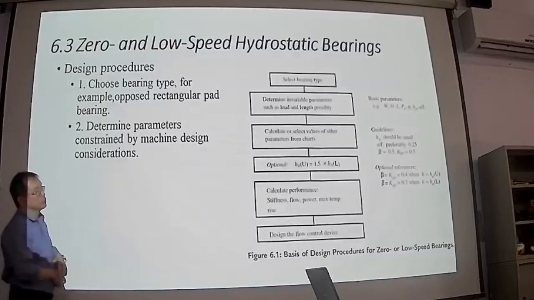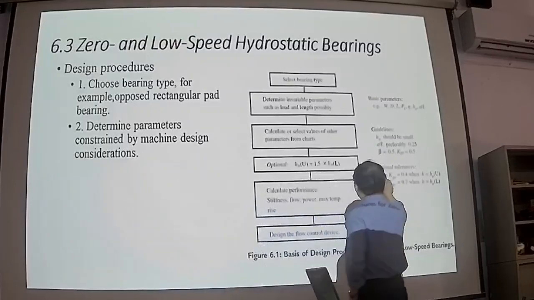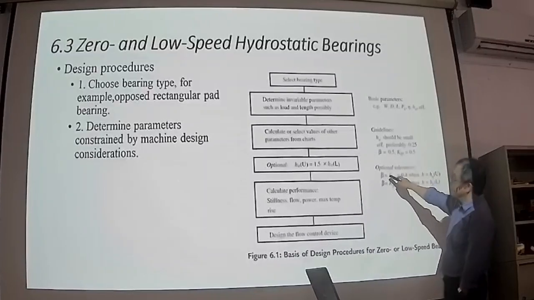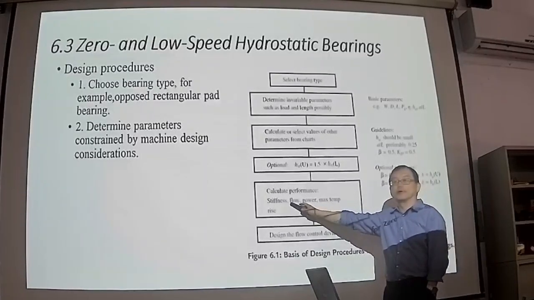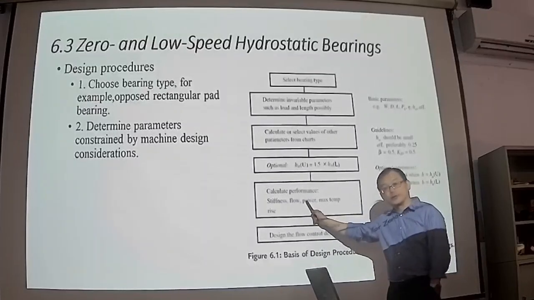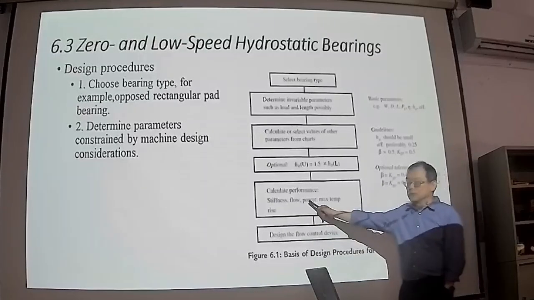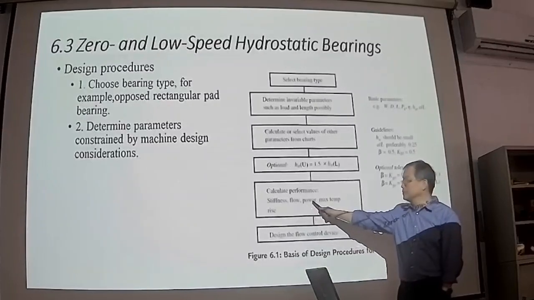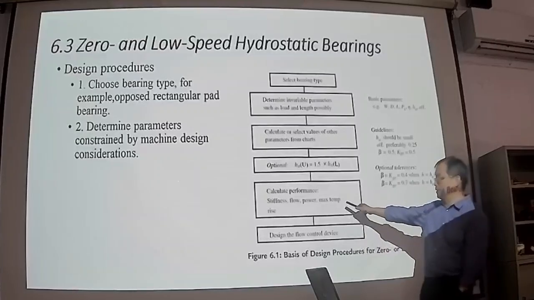So once you have already finalized your pressure ratio, so you have your supply pressure, then you can calculate your flow rate for the hydrostatic bearing, and you can also calculate the power, the pumping power and the friction power. And you can also estimate the maximum temperature.